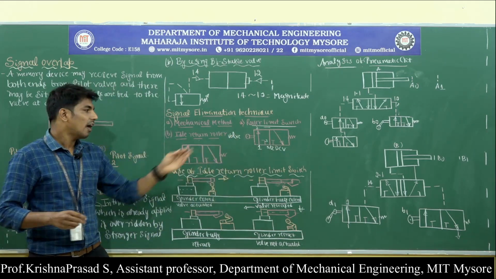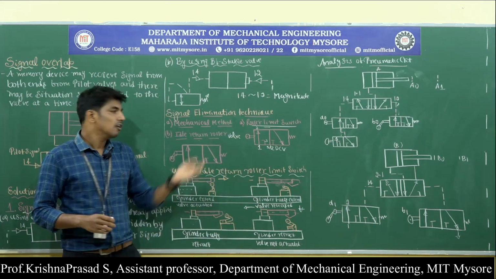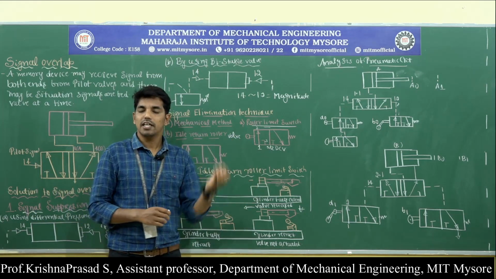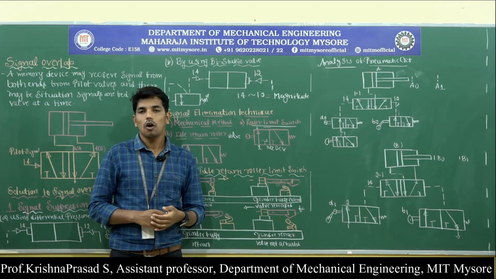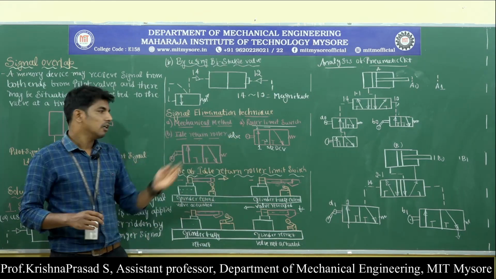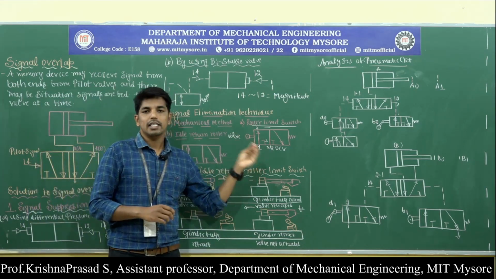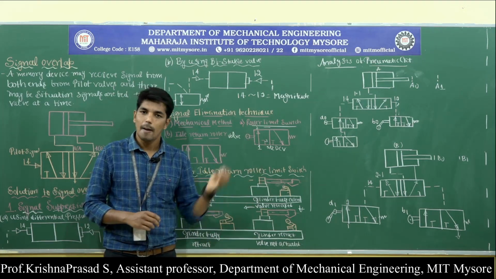This roller lever type of limit switch produces a mechanical signal which can be sensed in both directions of motion of the piston rod.